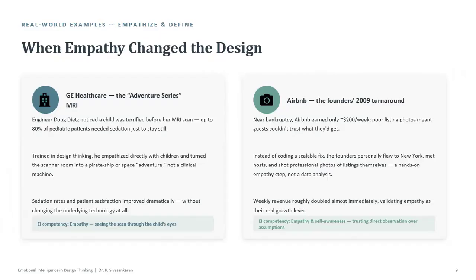Next example, Airbnb is an online marketplace that connects travelers with local hosts who want to rent out their properties online. They transformed their business by personally interacting with customers instead of relying solely on basic data and information. So both organizations demonstrate that empathy leads to remarkable innovation in business.